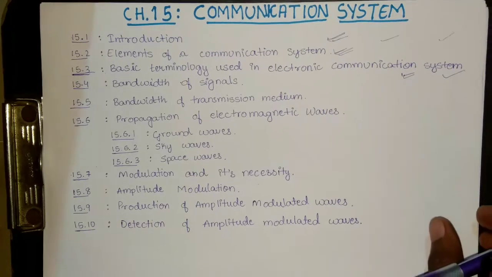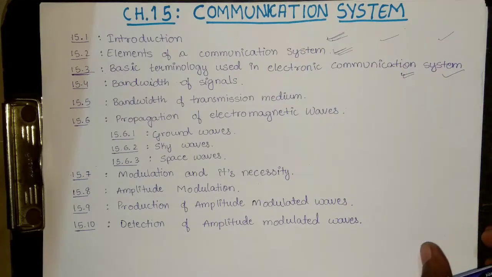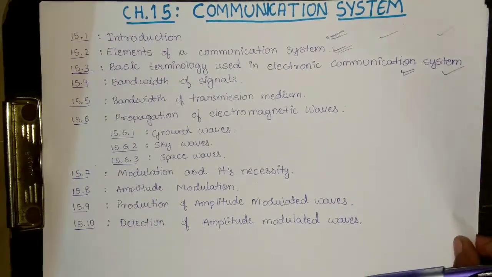Our first topic is bandwidth of signals. As I told you in the previous chapter, a signal is the information which is converted into electric form so that it is suitable for propagation from the transmitter.